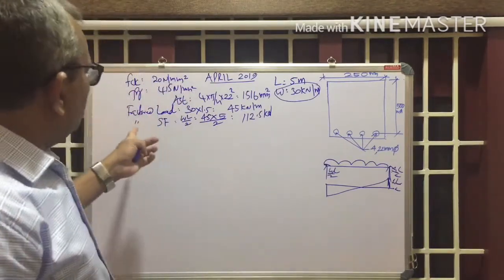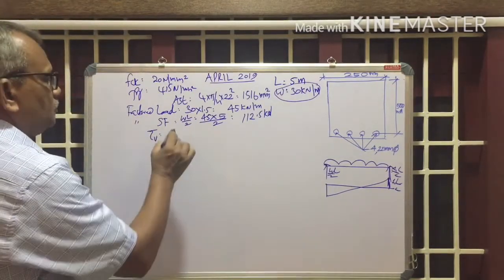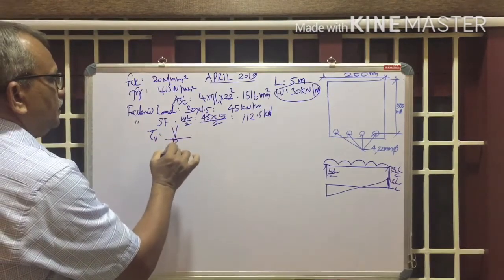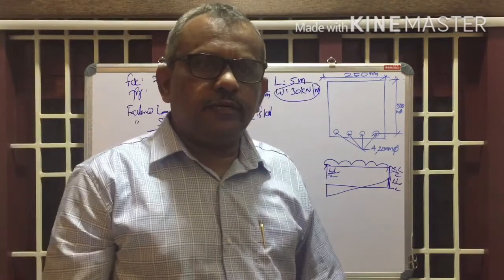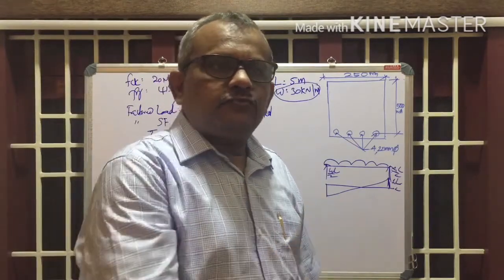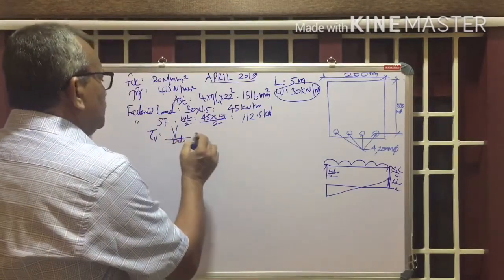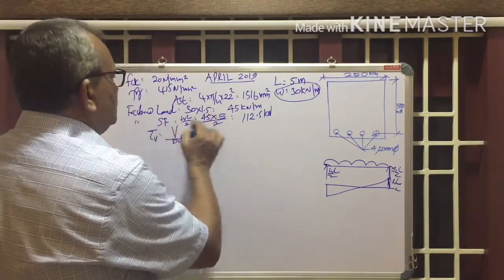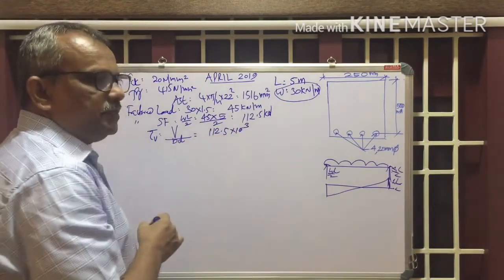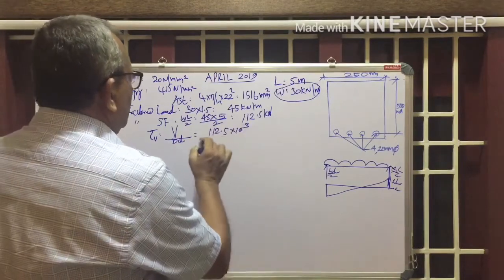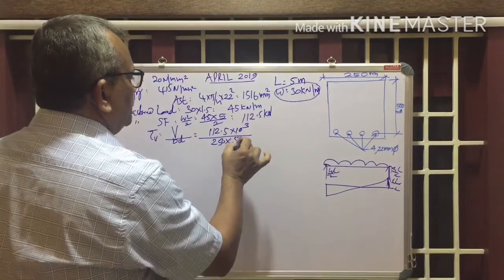If we know the shear force, now we can find out the nominal shear stress tau V. What is tau V? V divided by BD, shear force divided by area. That is the shear stress. We know this formula and you will get it from the code also. Nominal shear stress tau V is equal to V by BD, where V is the shear force, 112.5 into 10 raised to 3 Newton, divided by B equal to 250 into effective depth 500.